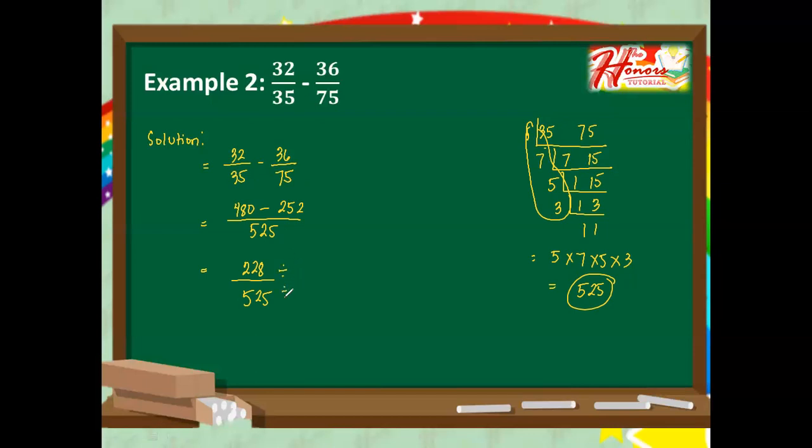We can still divide it by 3. So let's divide it. 228 divided by 3, that is 76, over 525 divided by 3, that is 175. And this is the final answer now.